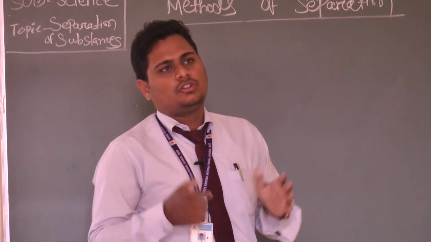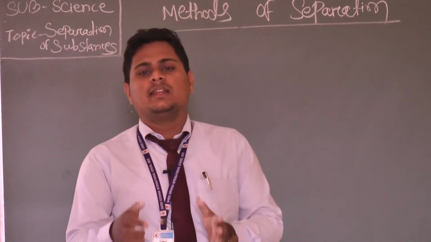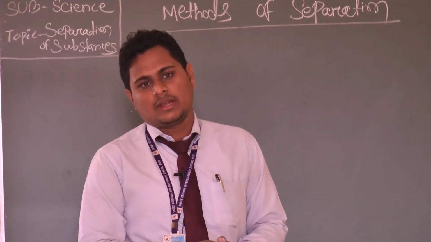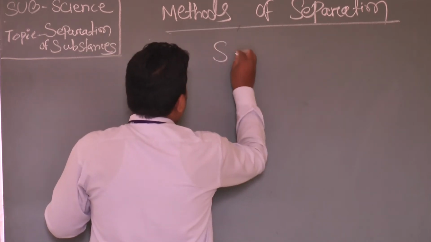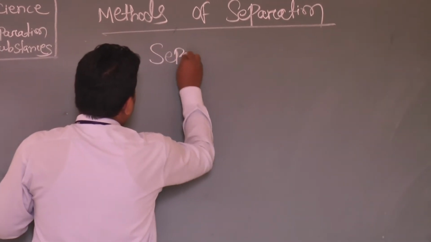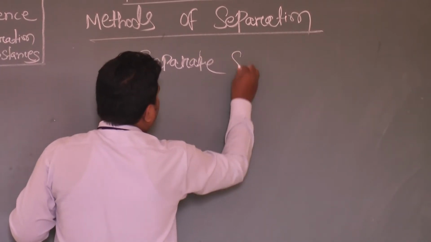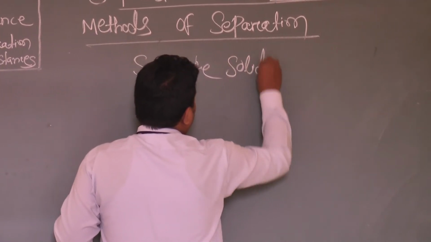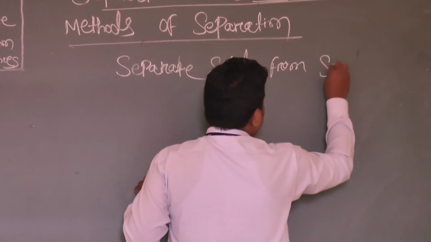Yes or no? So, the process are different for the separation of solid, liquid particles also. Okay. So, first we will see that what are the process involved to separate solid from solids.